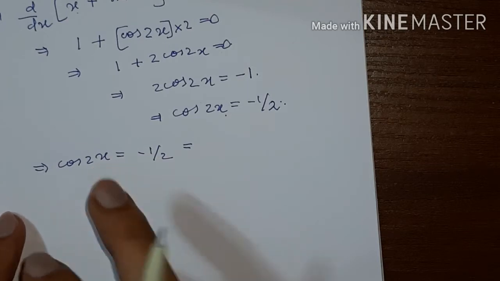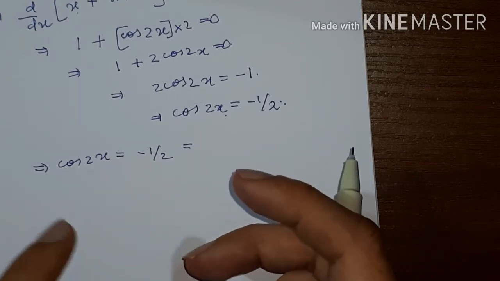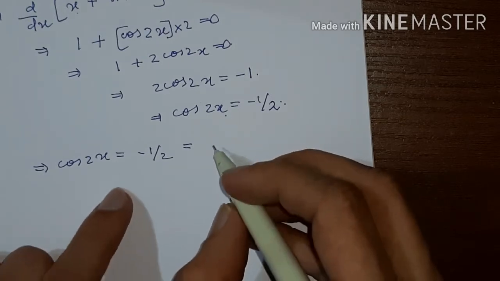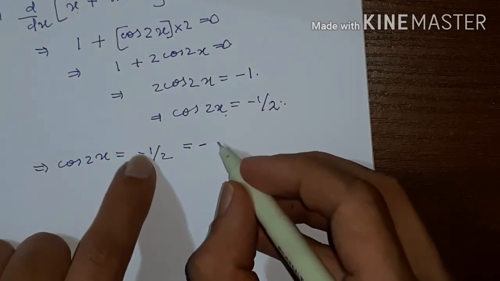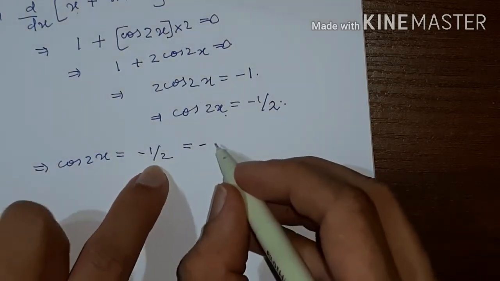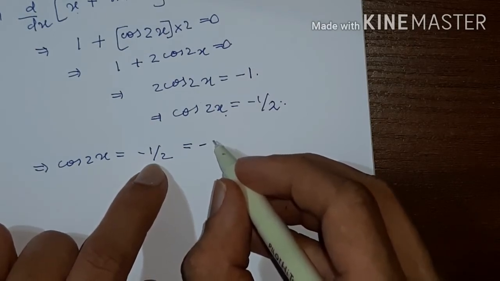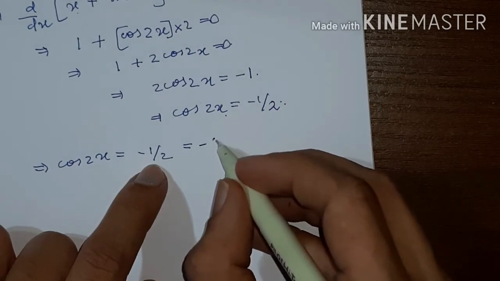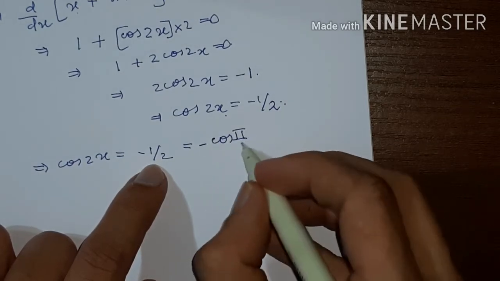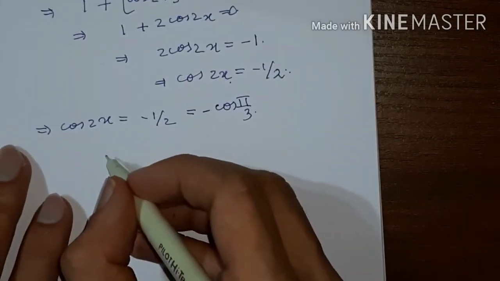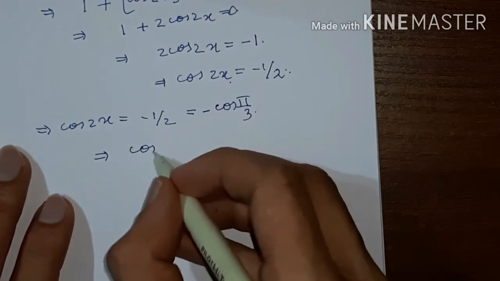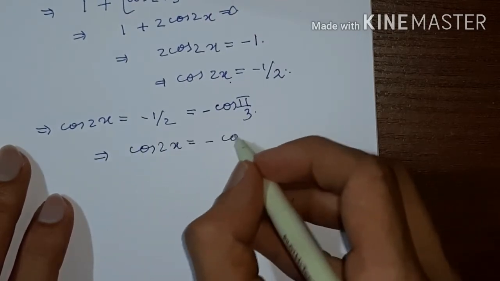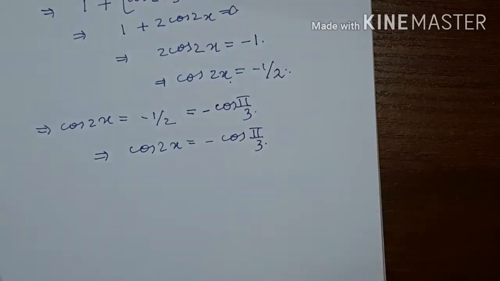So the same method we will use here. Now, cos of what theta is half? 60 degrees, so that is pi by 3. So cos of pi by 3. So what you get: cos 2x is equal to minus cos pi by 3.